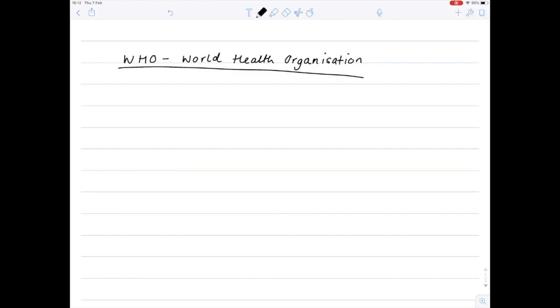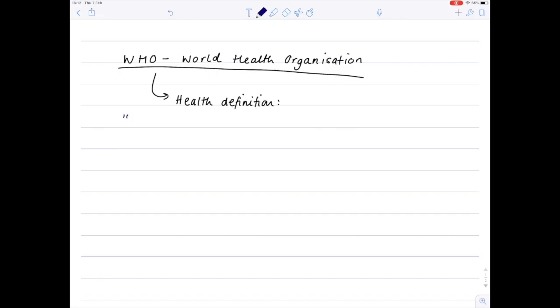Now we need to look at the health, disease and development of medicines topic, and starting with the WHO's definition of health. And WHO, or W-H-O, is the World Health Organization. So people tend to think that they're the go-to in terms of knowing about these things. So what is their definition of health?